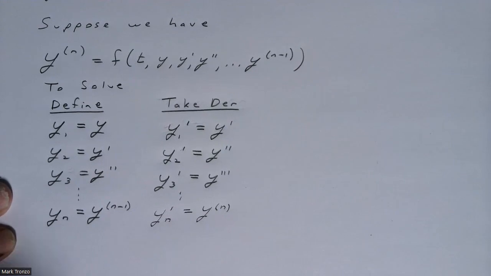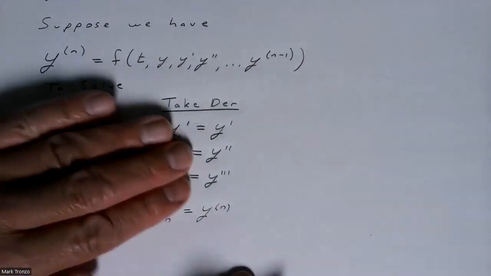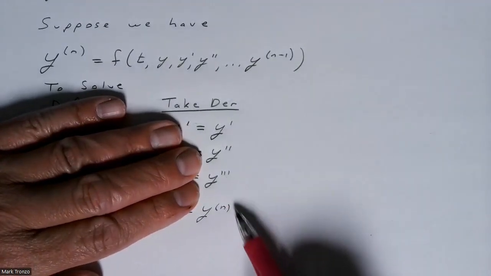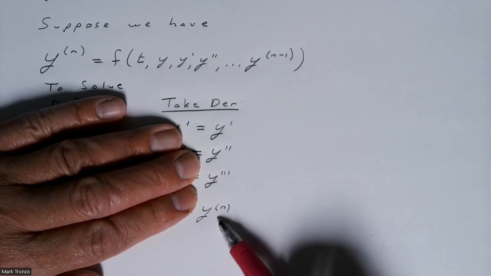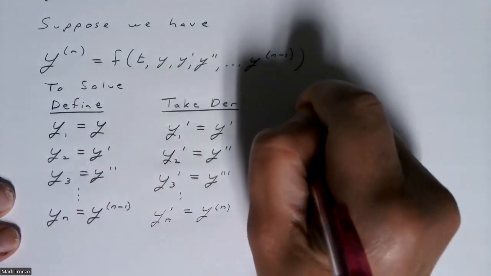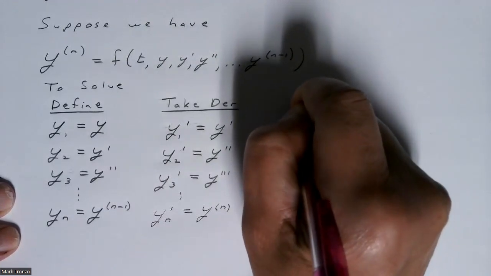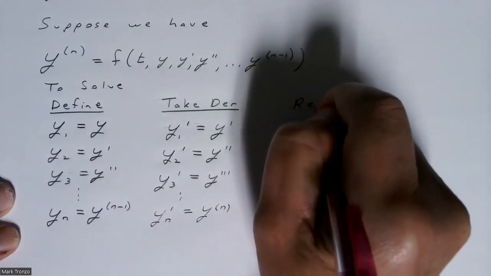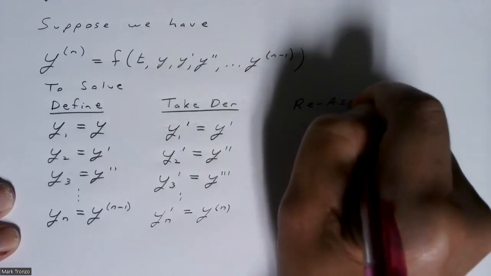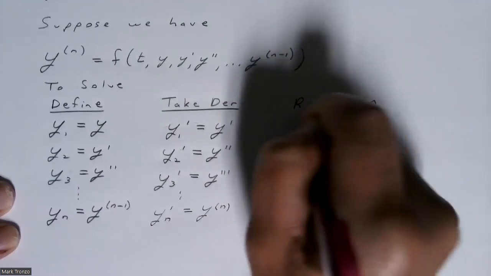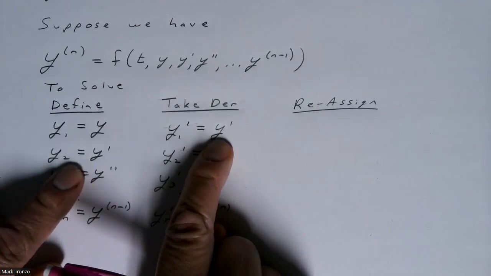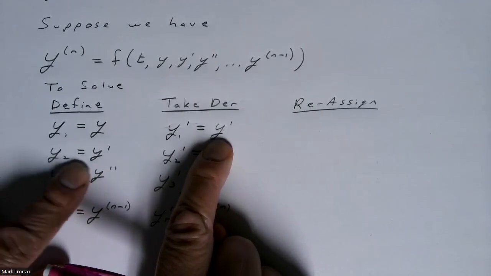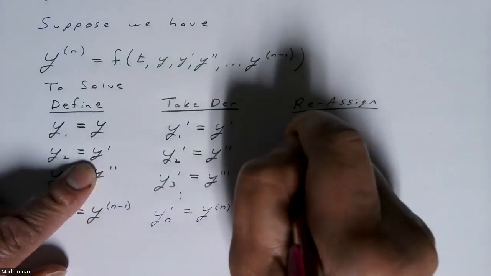And then now reassign these values. We want to reassign these so we don't have any derivatives on the right. In other words, what I'm saying here, y prime, you can see over here, is equal to y2.